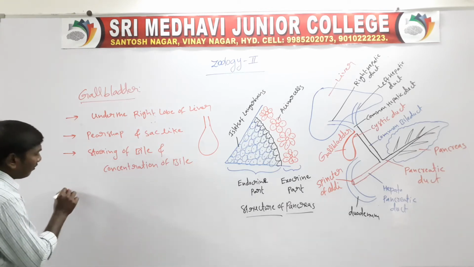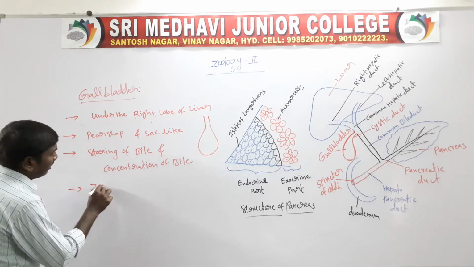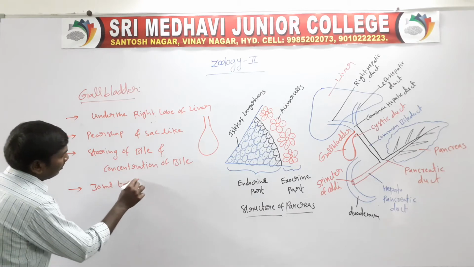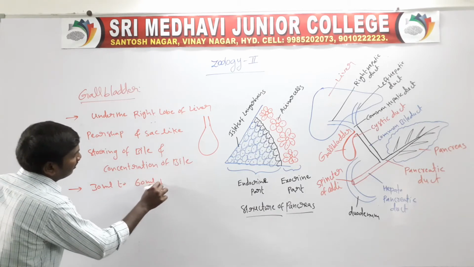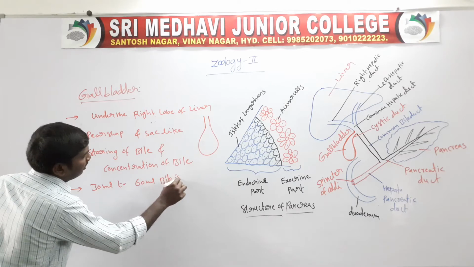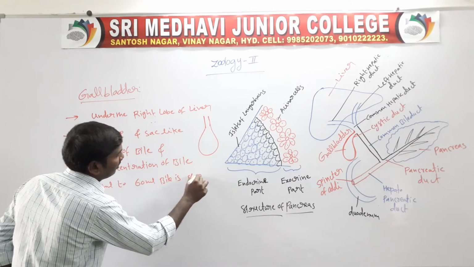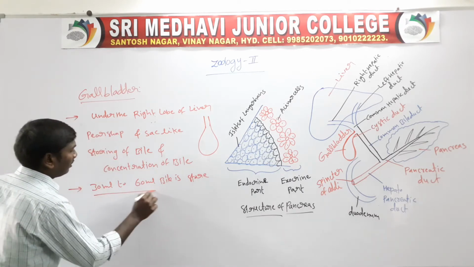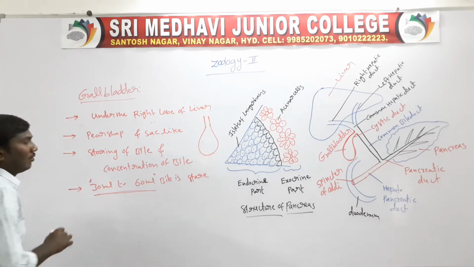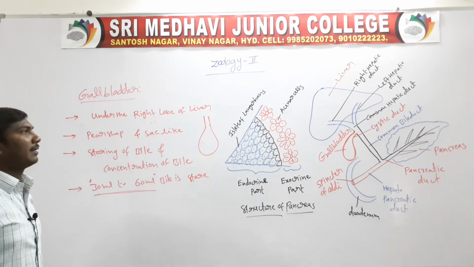Normally the gallbladder stores 30 ml to 60 ml of bile.